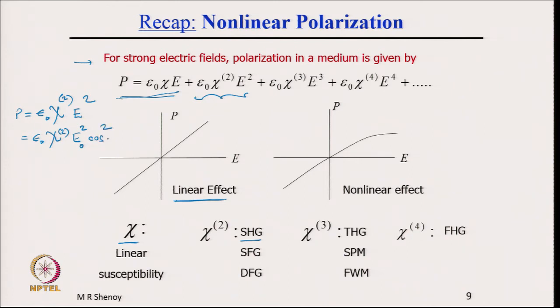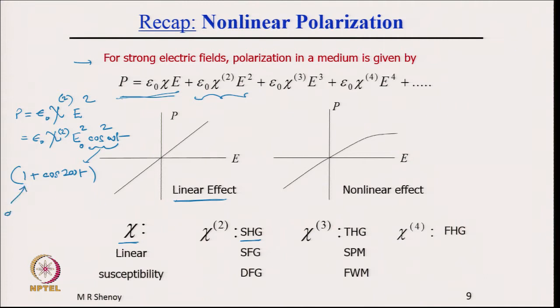This cos square omega t term is 1 plus cos 2 omega t, divided by 2, which means it gives rise to a DC term.